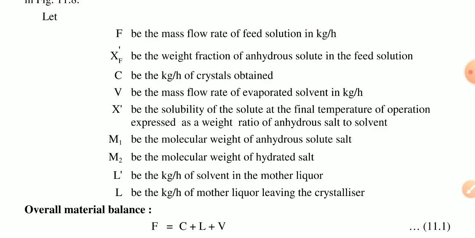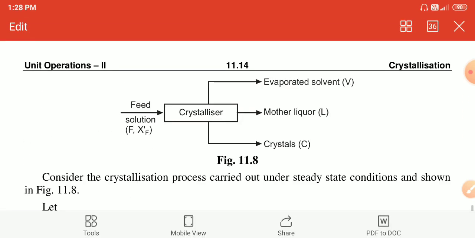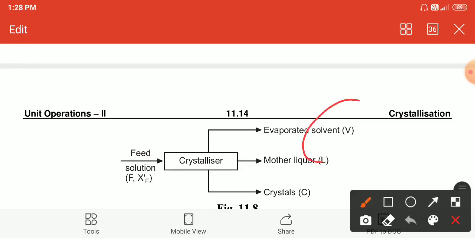C is the kg per hour of crystals obtained, and V is the mass flow rate of evaporated solvent in kg per hour, the capital V.